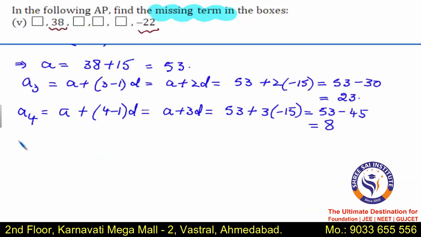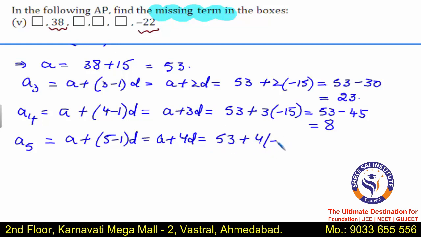Finally, let us find out the value of the fifth term, which is given by a plus 5 minus 1 into d, that is a plus 4d. Substituting the values, we have 53 plus 4 into d is minus 15. This is equal to 53 minus 60, which is equal to minus 7.